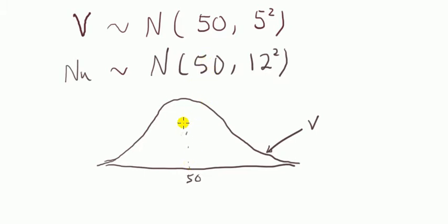Is it going to be the exact same curve? No, it's not, because can you see that the standard deviation is bigger than for verbal? It means it's more spread out, isn't it? Because the area under the curve adds to 1, if I squash this peak downwards, because I've got to get it flatter, then the tails will fatten out.